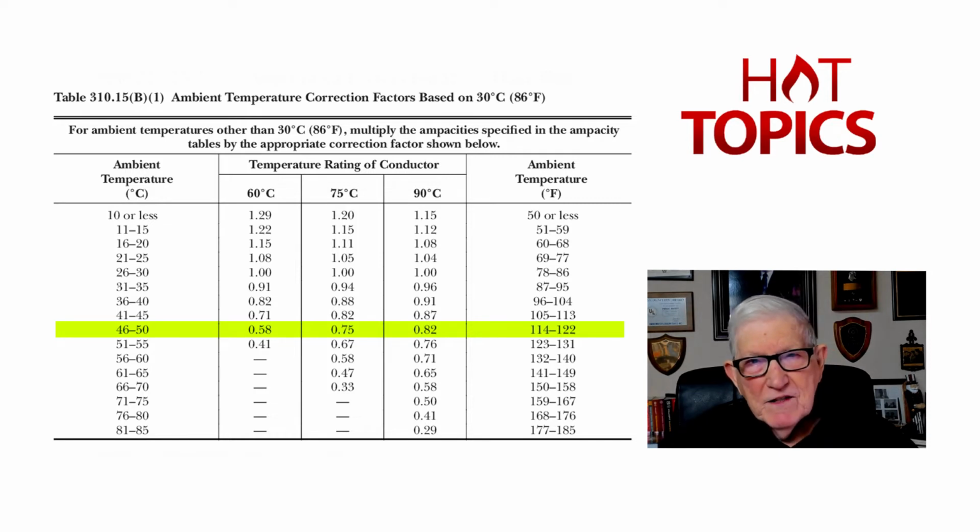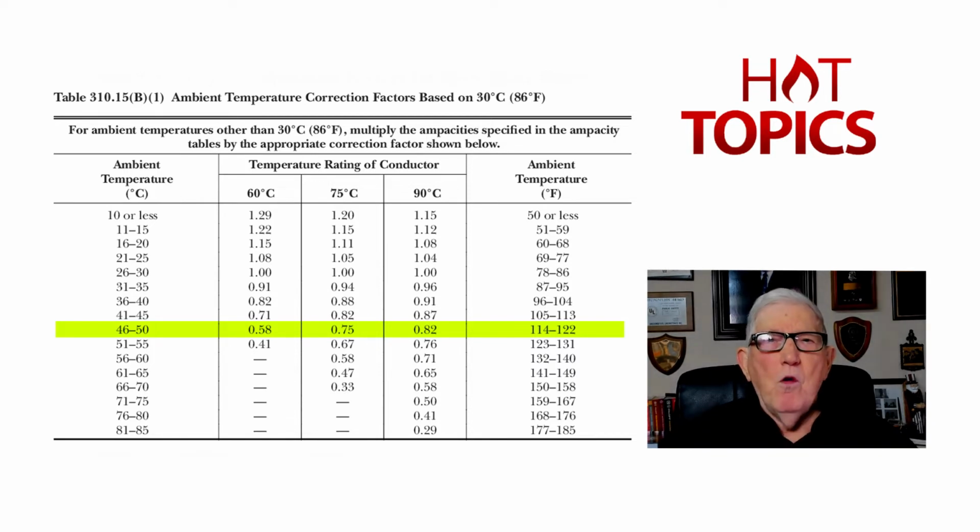Then on the right-hand side of the table, 310.15(B)(1), there on page 159 of your code book, we would line up the 122 degrees in a group of temperature ratings, and you notice that'd be 114 through 122, and that would be an 82% derate, reducing that ampacity down to 82%, is basically what it's saying.